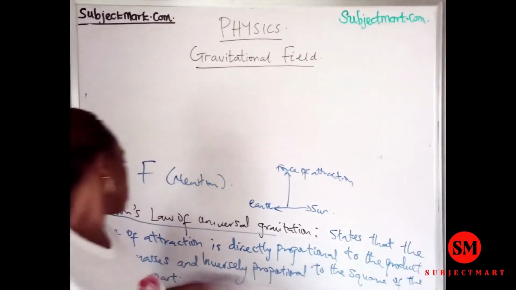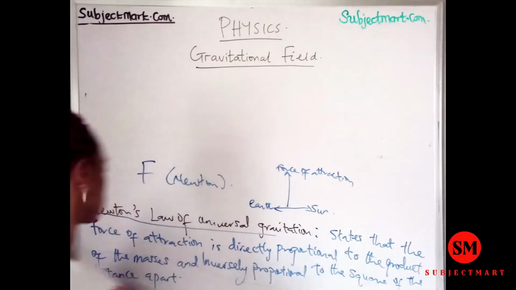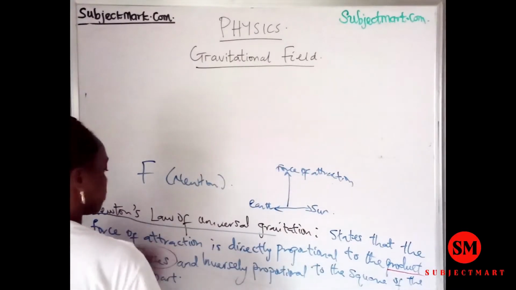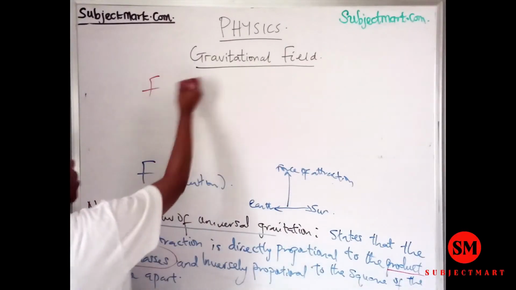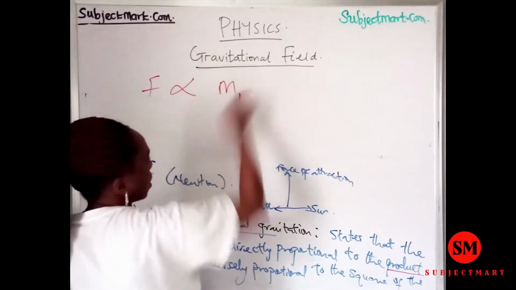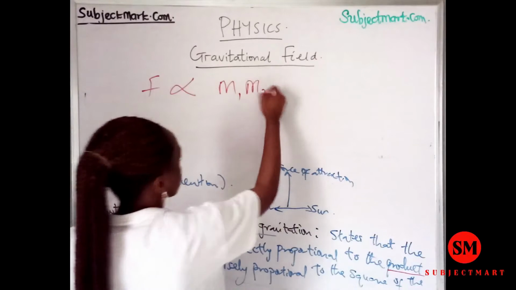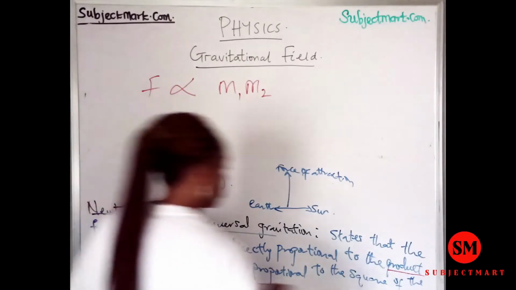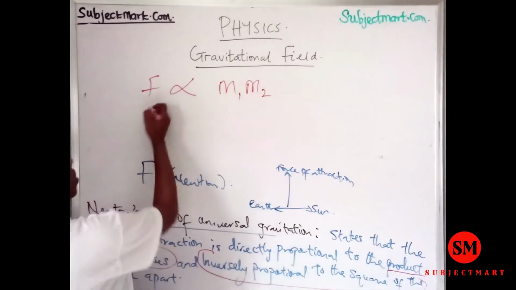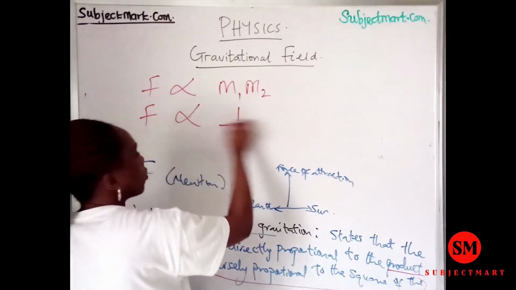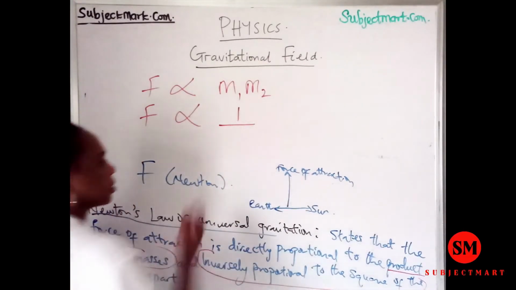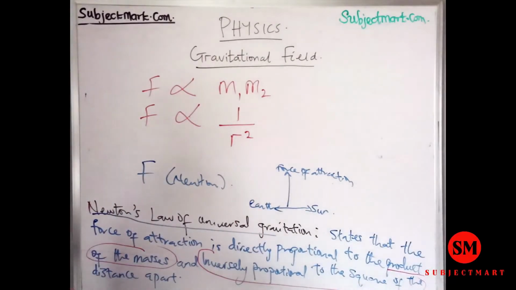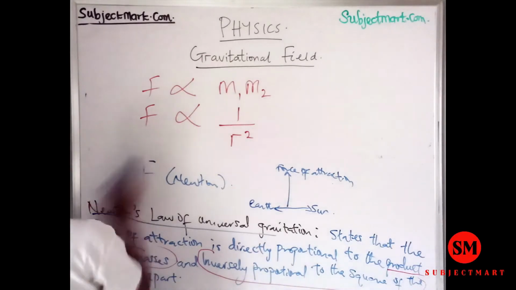The force of attraction is directly proportional to the product of the masses, M1 and M2, and inversely proportional to the square of the distance, represented as r squared. So this is what Newton's law of universal gravitation states.